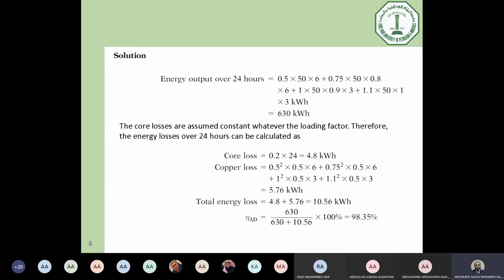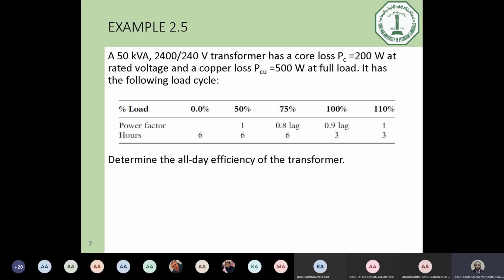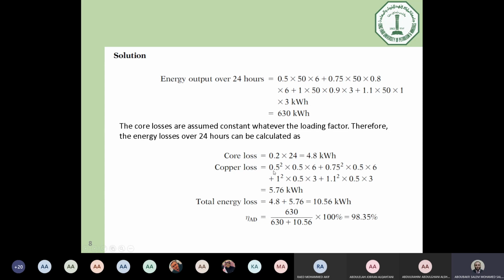If we return back to the problem, you will find that the copper loss at rated is 500 watts, which is 0.5 kilowatt. So we can say x squared multiplied by 0.5 kilowatt multiplied by the number of hours. And similarly for others.